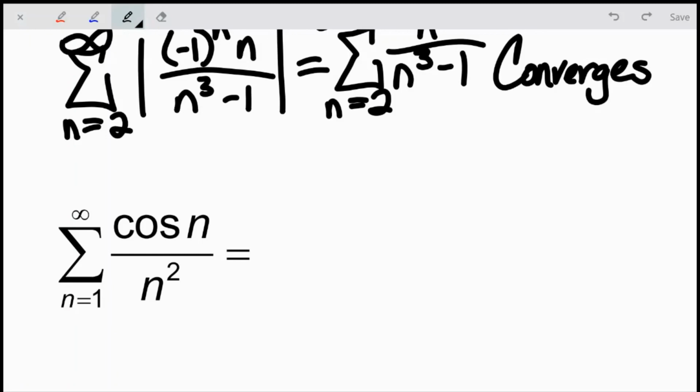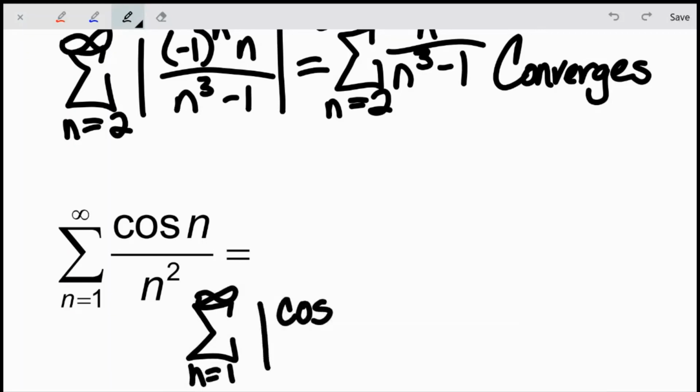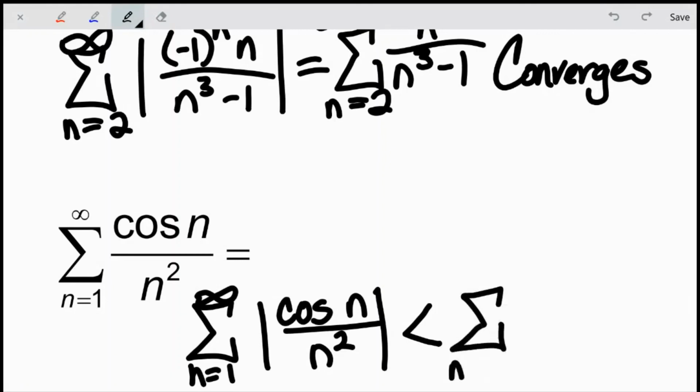So what I'll do instead is I'll say, okay, let's just check for absolute convergence. From 1 to infinity, we've got cosine n over n squared. Well, if I make cosine n absolute, that means it's always going to be positive. So I can actually do a direct comparison here. This is going to be less than the series from n is 1 to infinity of 1 over n squared, because I know for sure that cosine, the biggest it can ever get is 1.